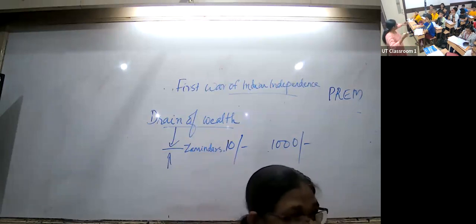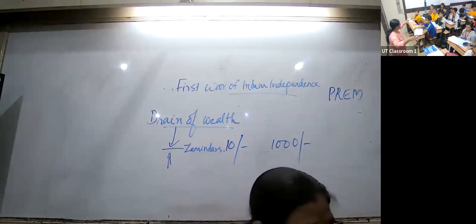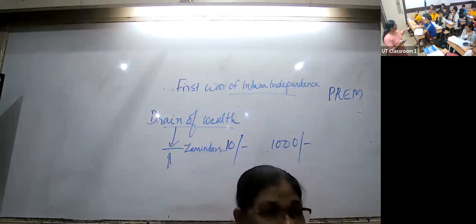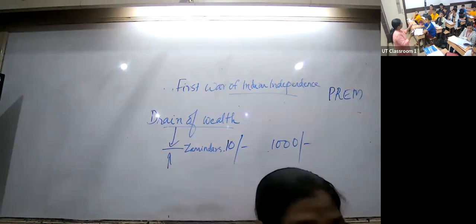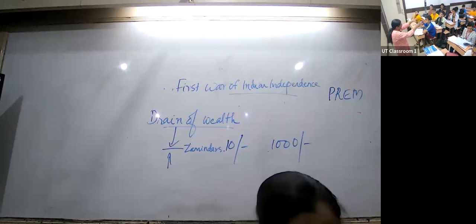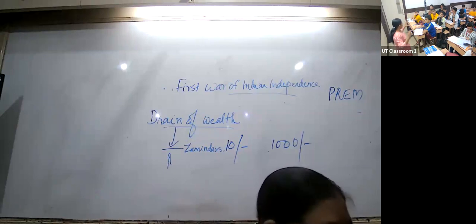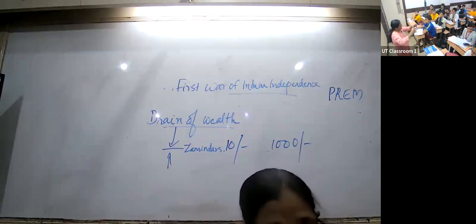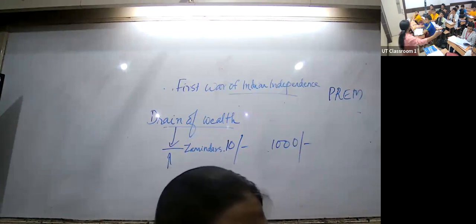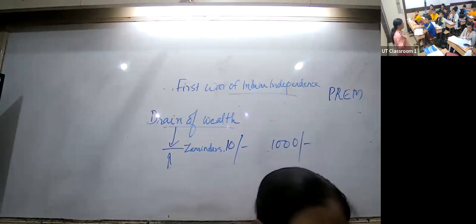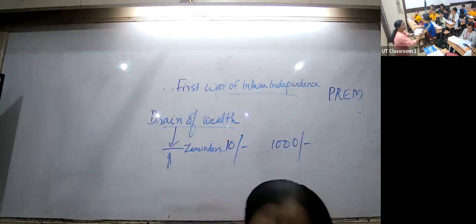Zamindars were appointed to look after that, and they were given the power to collect the revenue from that area. If X is the landlord and X's land is given to the Zamindar, the Zamindar distributes it to 10 peasants.